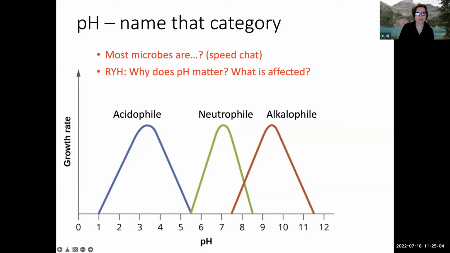Now, when we think about why pH matters, what structures or things inside the cell are affected by pH? Well, the right pH will support proper function of something. The wrong pH will do what? If you're not sure, you can put a question mark, but make sure to give an answer.